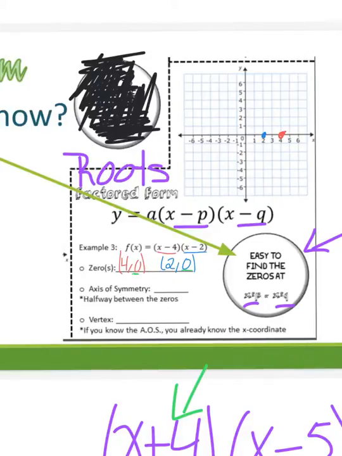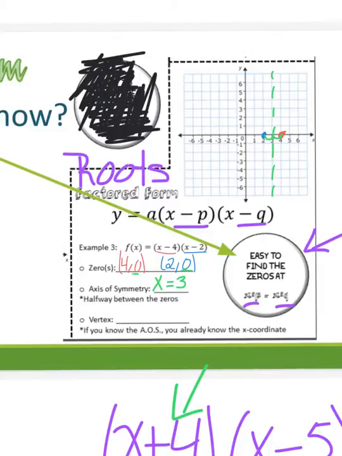So your axis of symmetry is halfway between the zeros. I noticed that there are 2 boxes in between them, so halfway would be at that negative 3. So my axis of symmetry would be x equals, I'm sorry, not negative 3, positive 3.